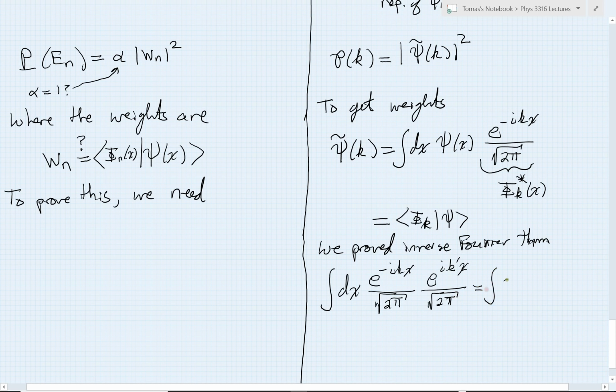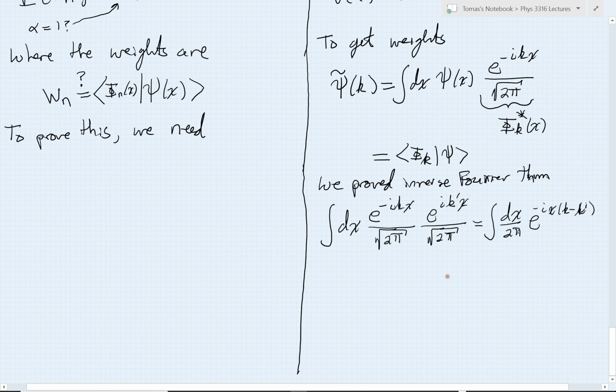To remind you, I could write it this way: integral dx over 2 pi of e to the minus ix times (k minus k prime). And hopefully you will recognize that that is just the Dirac delta function of k minus k prime. That's what we always use in our Fourier proofs.